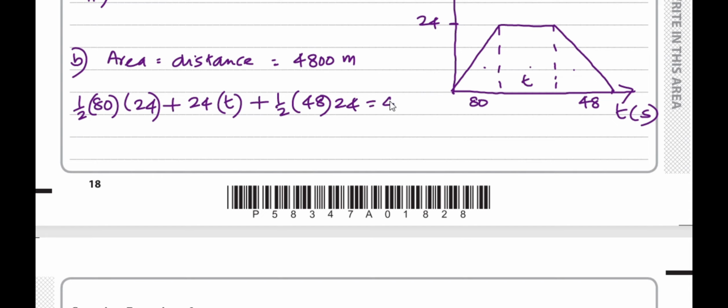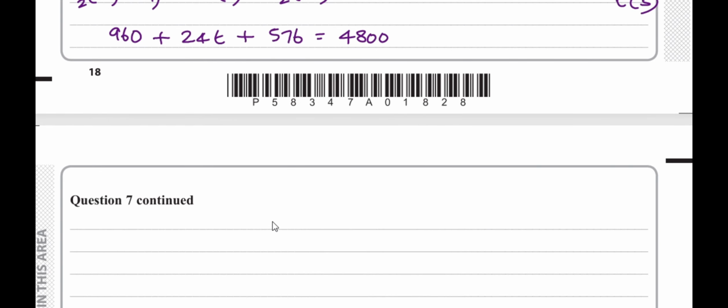This is equal to 4,800. Putting this into the calculator, I get 960 plus 24t, plus putting it into the calculator again, I get 576, is equal to 4,800.